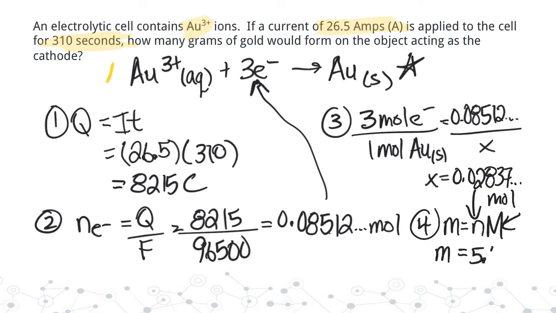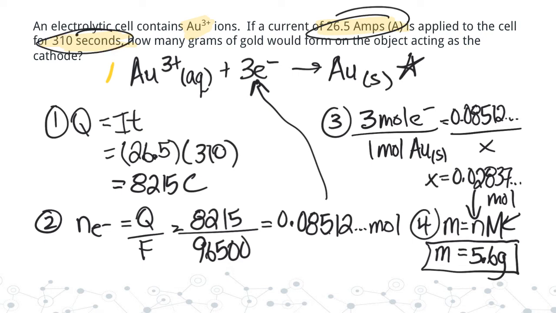When we round off to significant digits, we get 5.6 grams. So if we applied 26.5 amps for 310 seconds in this electrolytic cell, we would deposit 5.6 grams of gold onto our object.